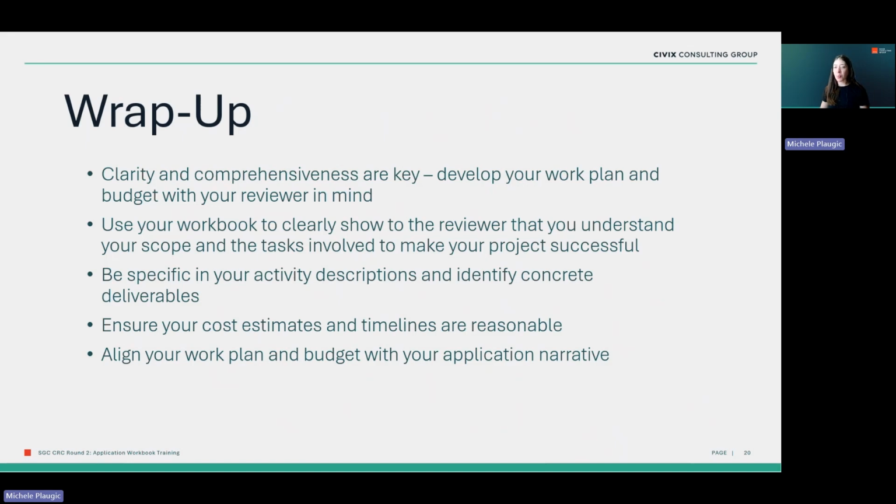When in doubt, start by breaking your activities into smaller tasks and assign hours or costs to each. Lastly, refer back to your application narrative to ensure that your work plan and budget matches the project as you describe it in the application narrative. Review and update your application workbook as your application progresses.